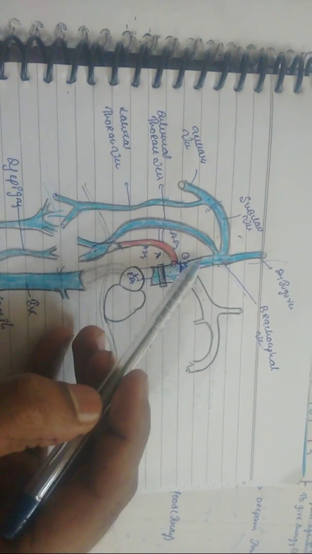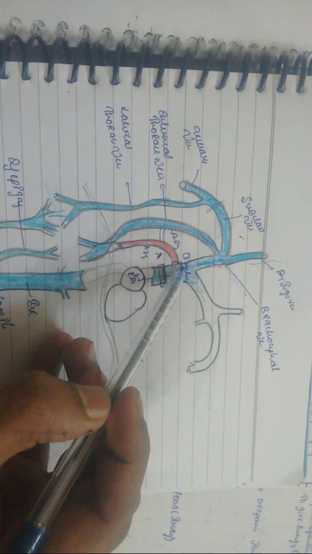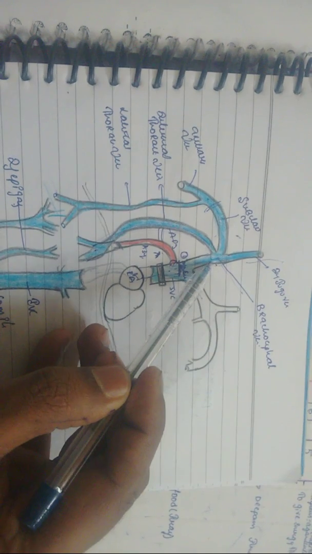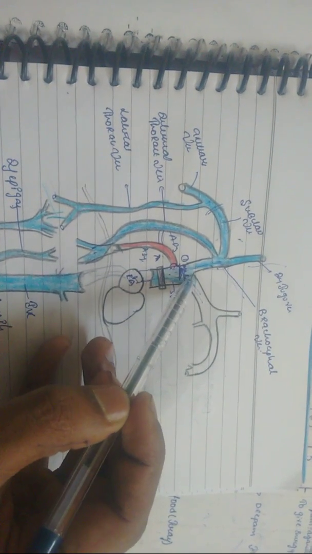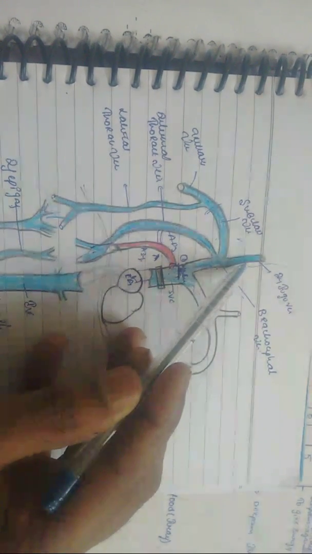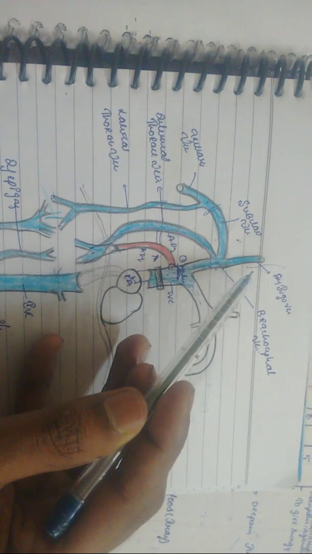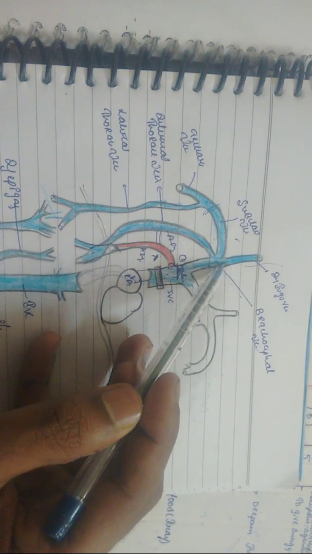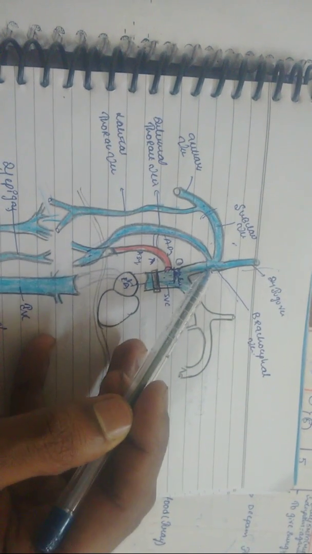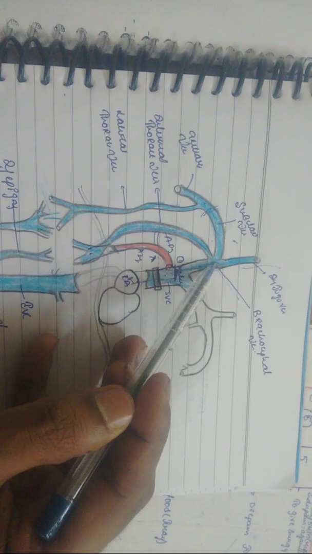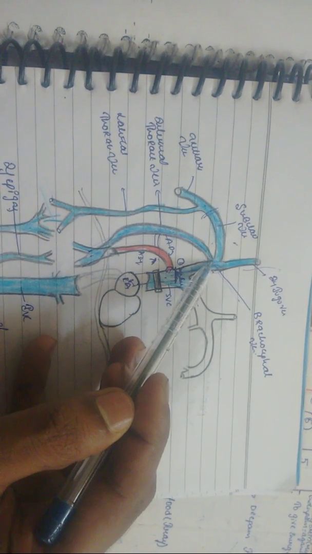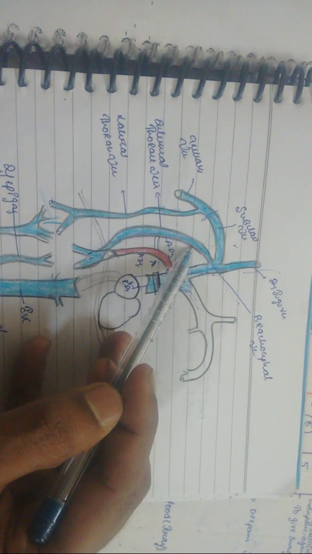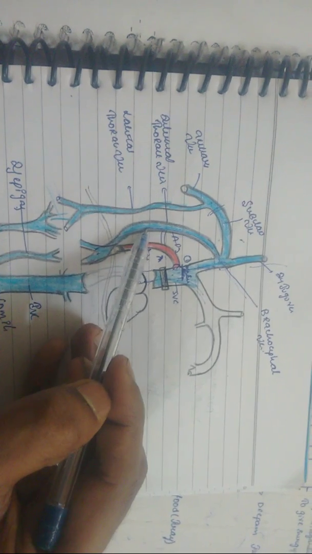The blood from the internal jugular vein and subclavian vein, since this route is blocked, goes the other way. The first way is the internal thoracic vein. The blood goes into the internal thoracic vein first.